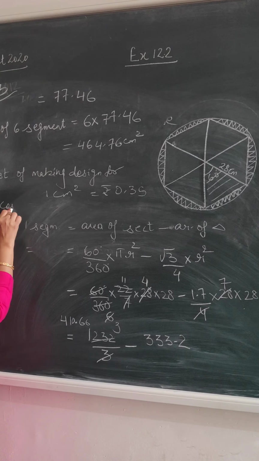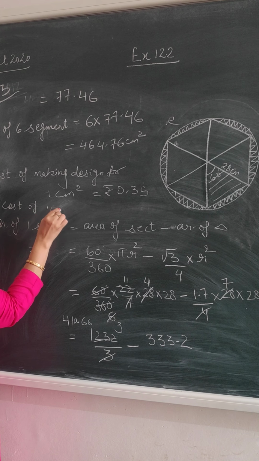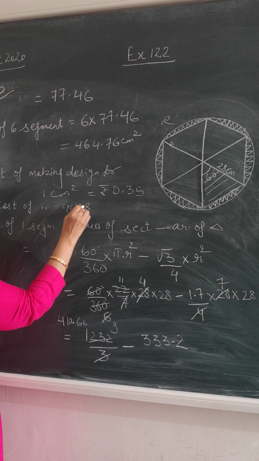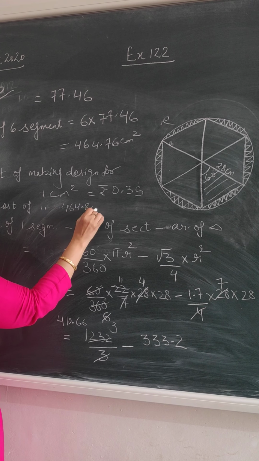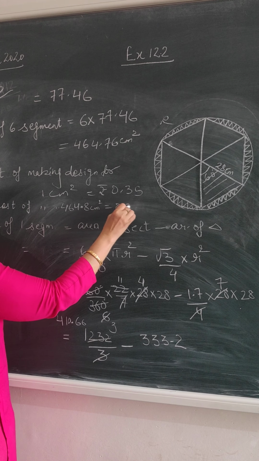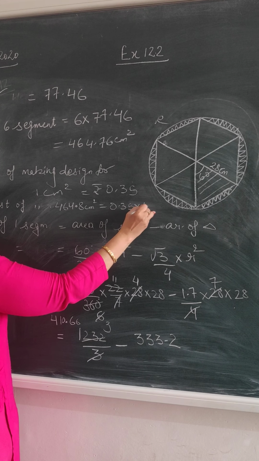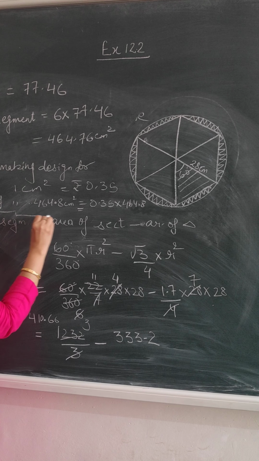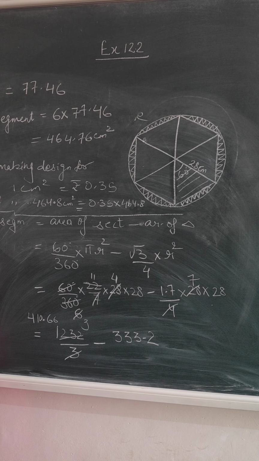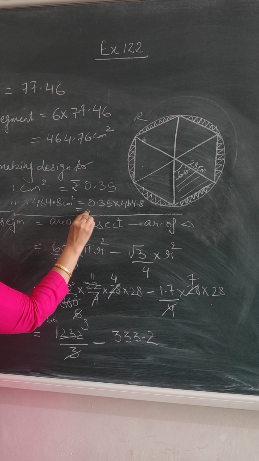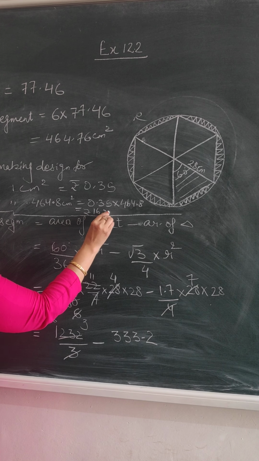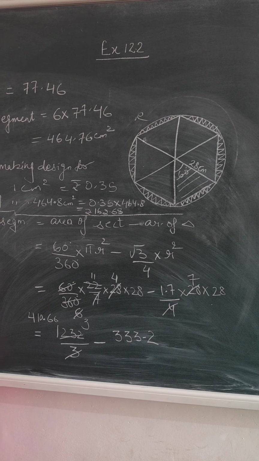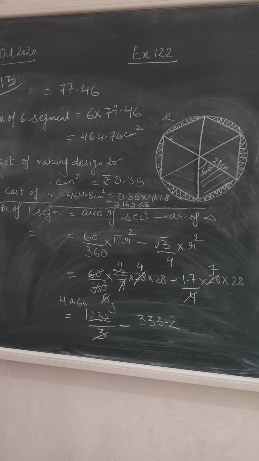So cost of making design for, we got here 464.8 लिख लेते हैं, मल्टीप्लाई करने में इजी होगा, centimeter square is equal to 0.35 into 464.8. So this after multiplication gives us rupees 162.68. So this is the cost of making the design. With this we finish question number 13.